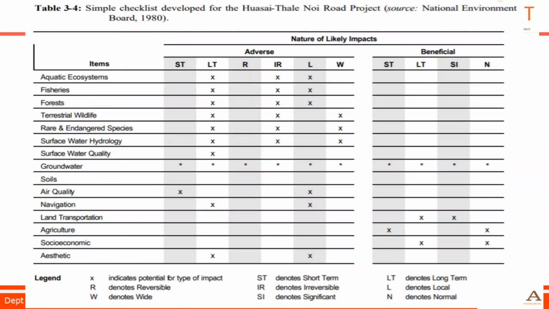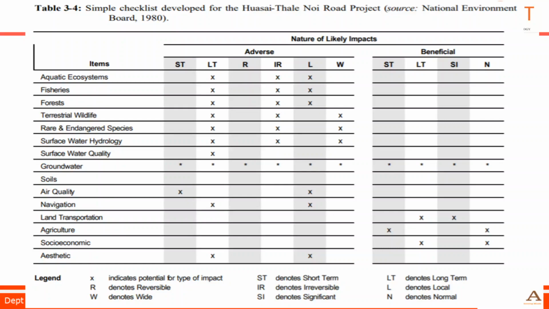And you can see that in groundwater, since it's a road construction project, obviously the water will not pass into the ground surface and your groundwater will not be recharged, so they just put a star over there indicating that it is neither a positive impact, nor will there be any groundwater recharge, nor is it going to decrease because of this project. So neither positive nor negative, so they just blocked those things there.